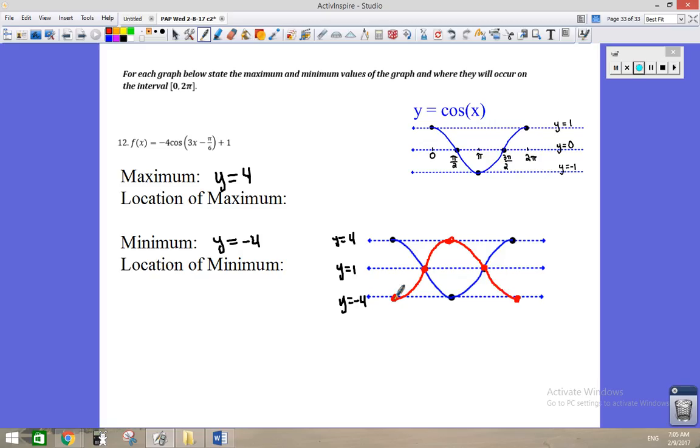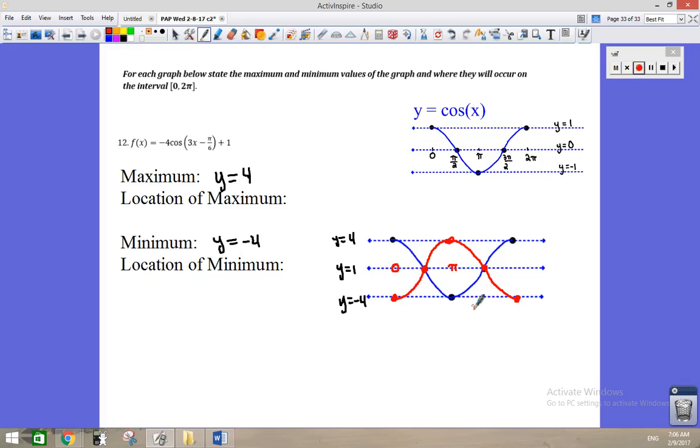Okay, so here the first at 0 is going to turn out to be a location of a min, and over here at pi is going to turn out to be a location of a max. So I've got 0 here, and I've got pi right here.